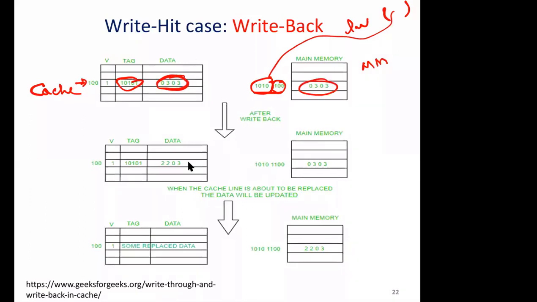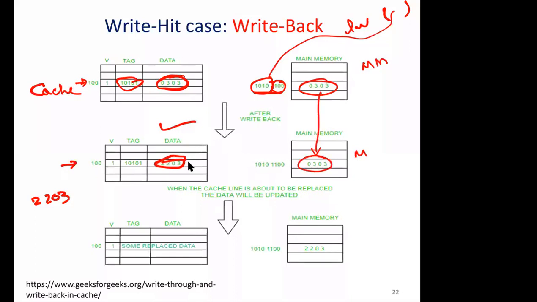So what we do is that we modify this. We are modifying it, so this is a new value, 2203. Note that we have modified only in cache, we have not modified in main memory. So the value here is the old value.